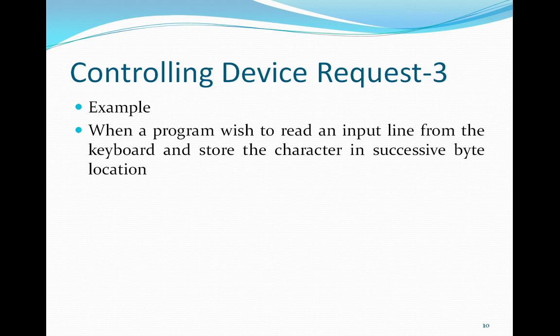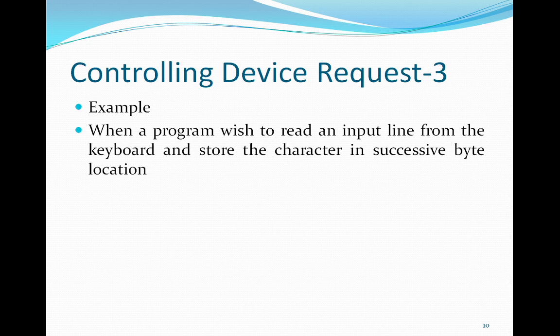First, load the starting address of the interrupt service routine in the location INTVEC, some starting location. Then load the address of the line in a memory location. The interrupt service routine will use this location as a pointer to store the input character in memory.